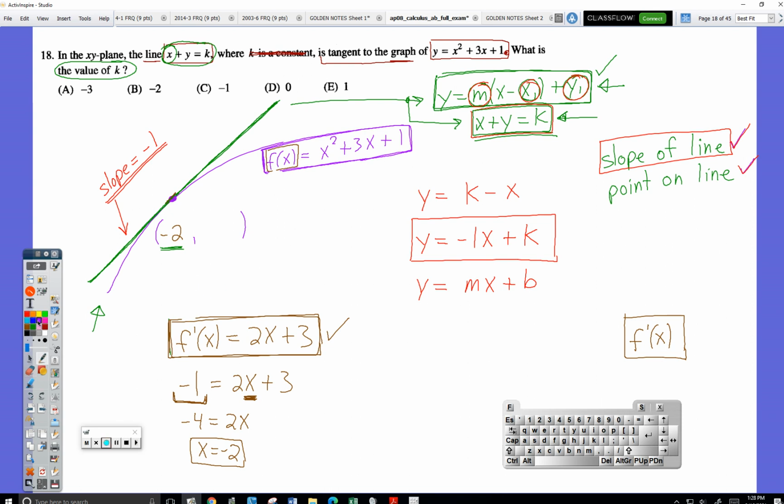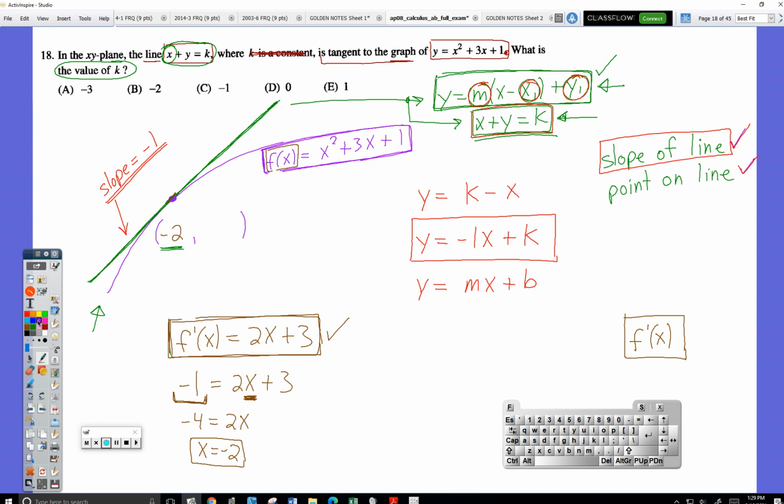I'm going to always classify problems as easy, medium, or hard, so you get a sense of which ones you should be more worried about. Definitely the easy ones, you gotta get those down for sure. This one to me is a hard problem, but it is a really good problem to discuss because you have to know all those things we just kept talking about.